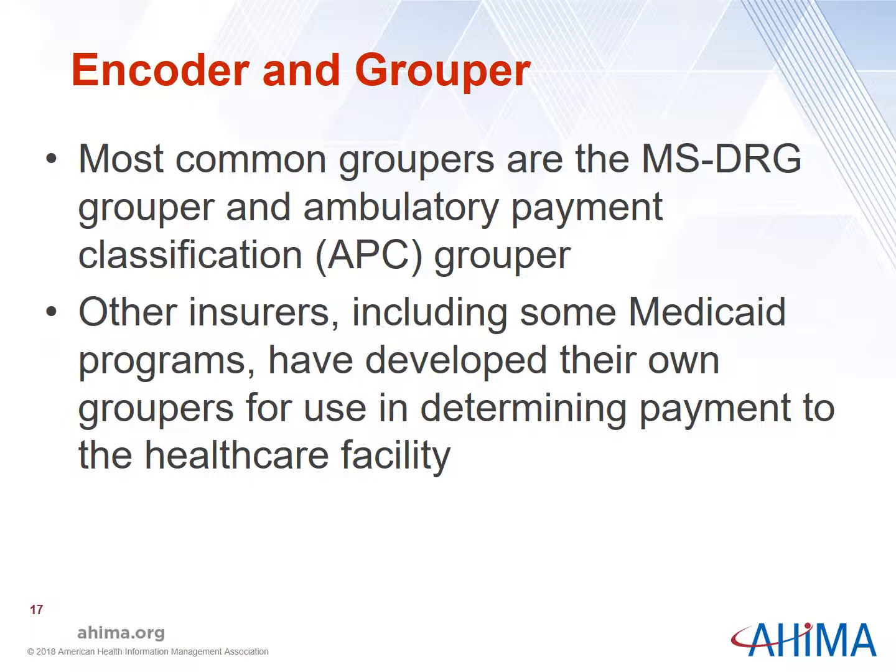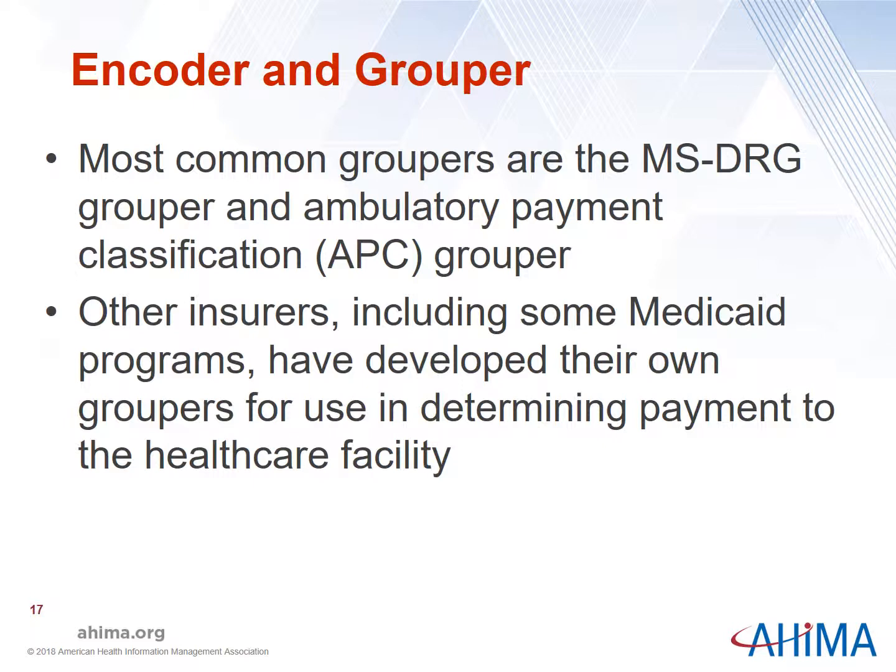The most common groupers are the MSDRG grouper and Ambulatory Payment Classification, or APC grouper. Other insurers, including some Medicaid programs, have developed their own groupers for use in determining payment to the healthcare facility.